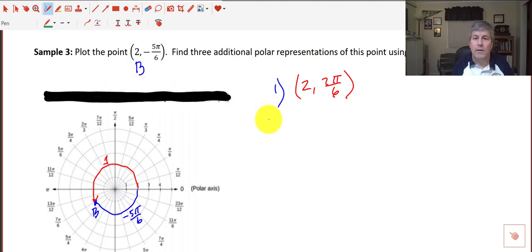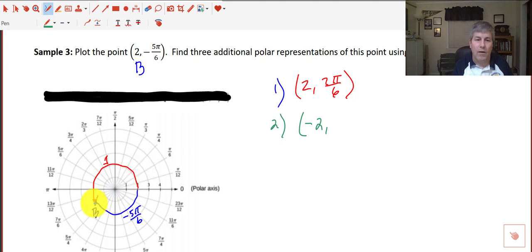Our second point might be a little bit more challenging. Now we have to change our directed distance from positive to negative. So think about a negative 2 directed distance. Well, we have to reflect pi radians across the polar plane.